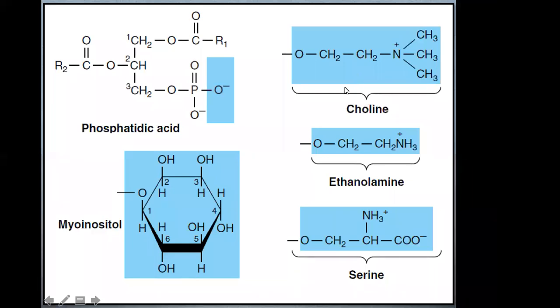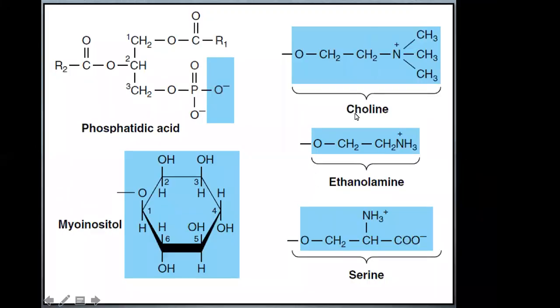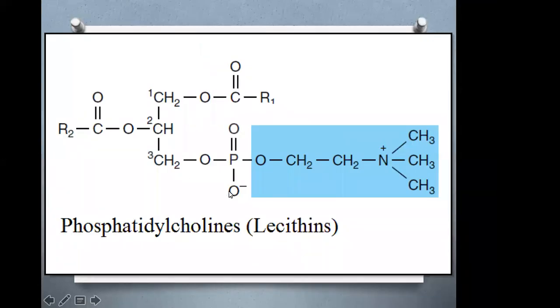Now we will know that if the X group is choline, what will be the name of that group? So also remember these X groups, please. In lecithin, the X group is choline. The functional group is choline.